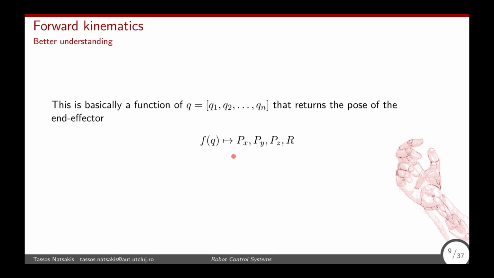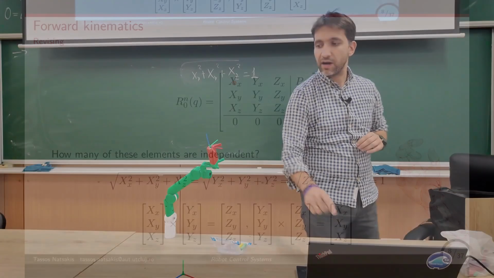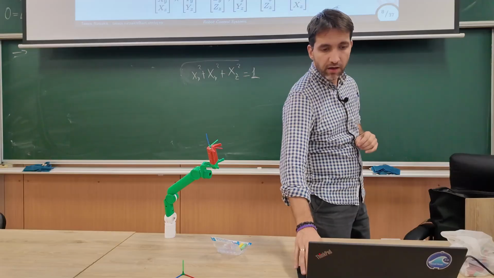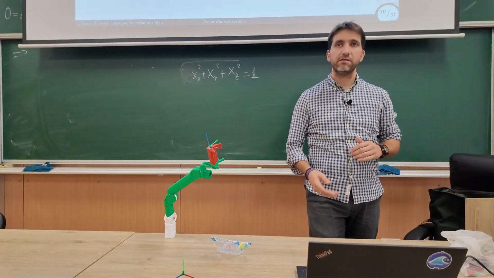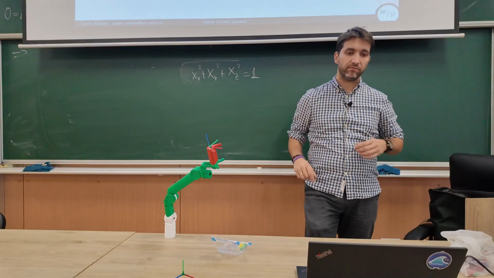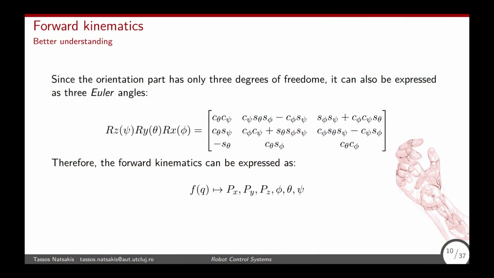So we take this orientation described as projections of this axis on the reference frame, and we rewrite it as orientation described by 3 rotations, one after the other, which we typically call the Euler angles. So in the end, my forward kinematics can give me back position on XYZ for the origin of the frame and 3 rotations, phi, theta, and psi.